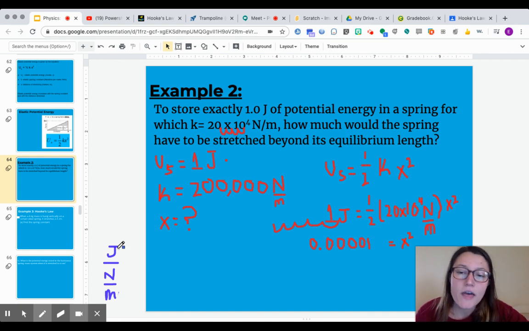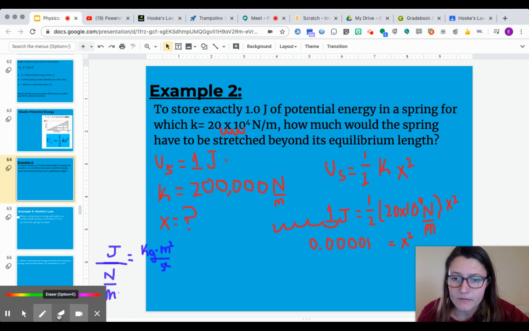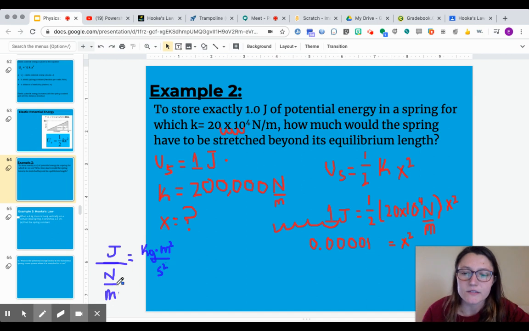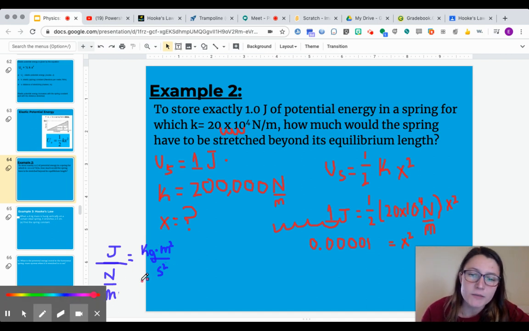Okay, so we know that a joule is equal to kilogram times meter squared over second squared. Sorry, hopefully you can read this. It's very difficult to write with these online tools. So I have kilogram meter squared over second squared. That's all divided by newtons per meter.